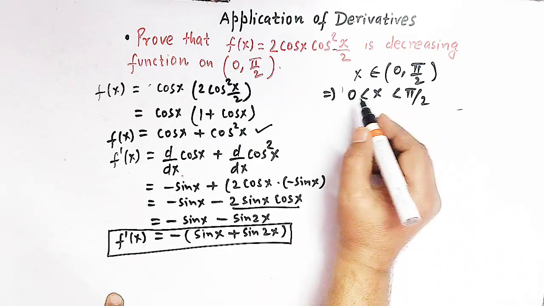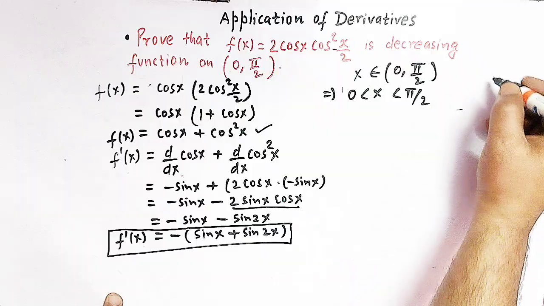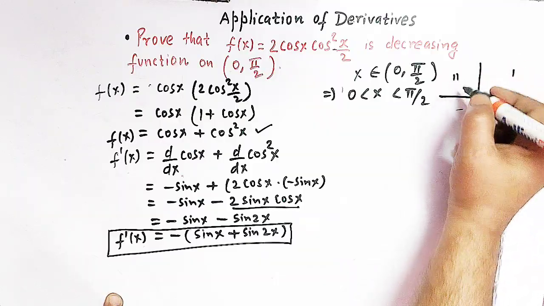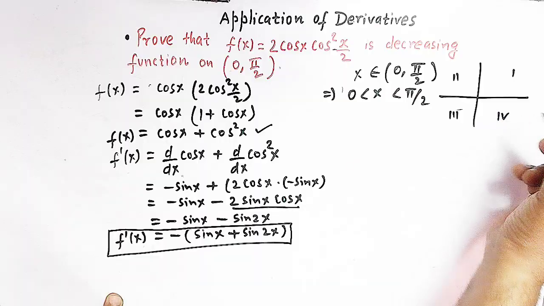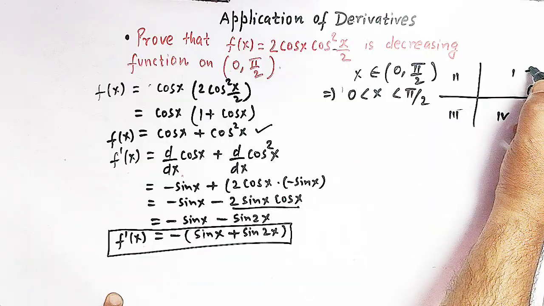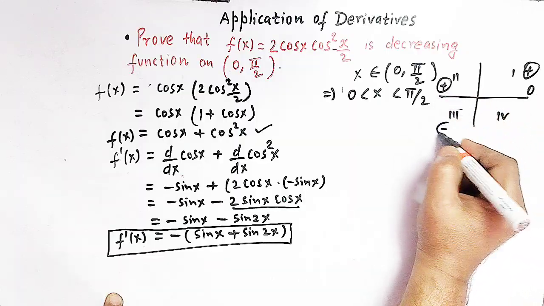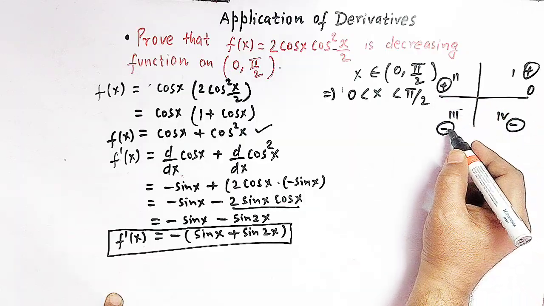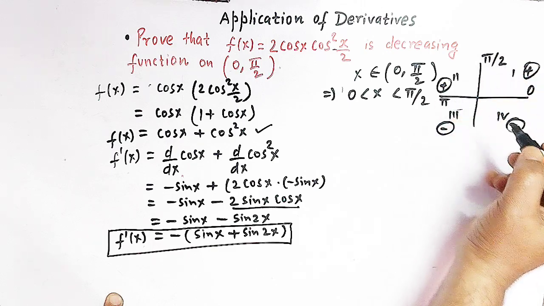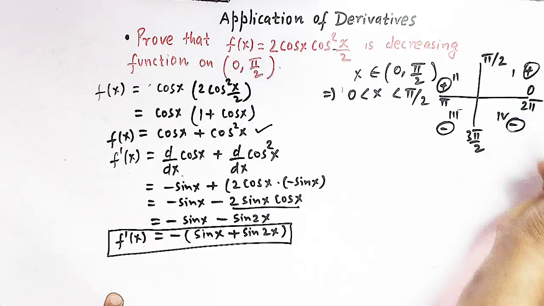And when x is greater than 0 but less than pi by 2, it implies that we are in the first quadrant, right? And from trigonometry we know that the sine function is positive in the first and second quadrant, and it is negative in the third and fourth quadrant. So here we have pi by 2, here we have pi, this is 3 pi by 2, and here we have 2 pi.